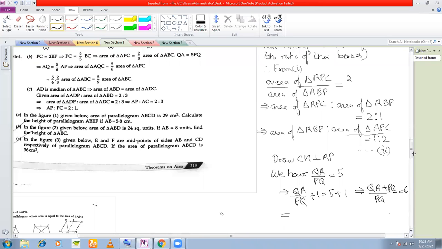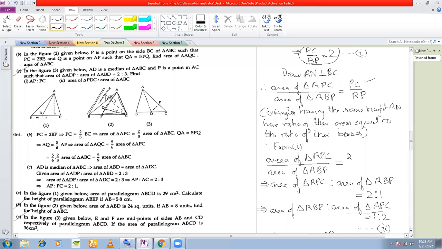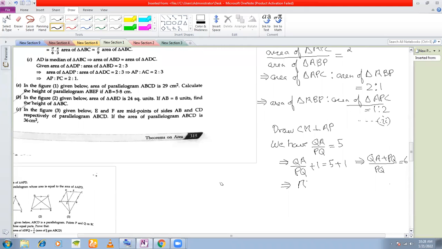And what is QA plus PQ? QA plus PQ is this entire length, AP. So AP by PQ is equal to 6. Call this 3, right? So we have got AP by PQ.